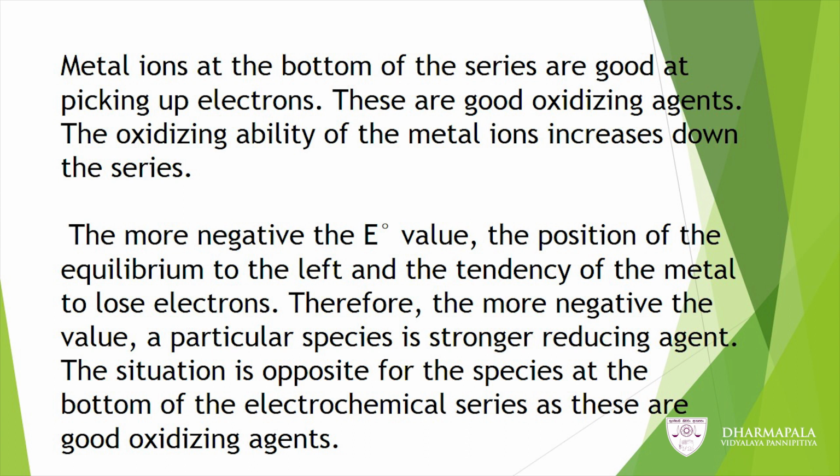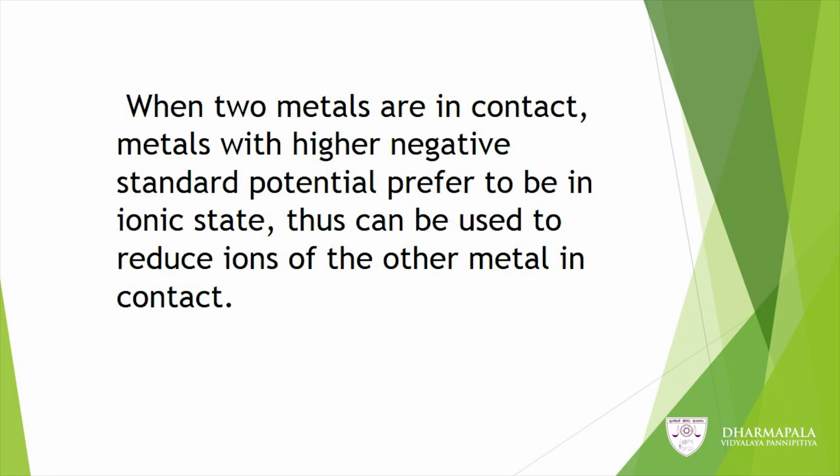The situation is opposite for the species at the bottom of the electrochemical series, as these are good oxidizing agents. When two metals are in contact, the metal with the higher negative standard potential prefers to be in ionic state, while it can be used to reduce ions of the other metal in contact.